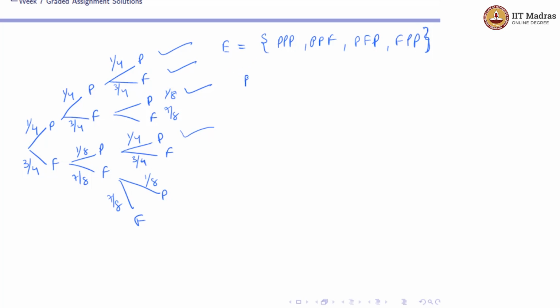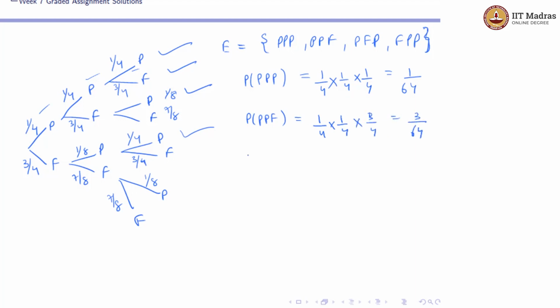Now let's find the probability of PPP, which means pass, pass, pass. That is 1/4 into 1/4 into 1/4, which is 1/64. The probability of PPF is 1/4 into 1/4 into 3/4, that is 3/64.